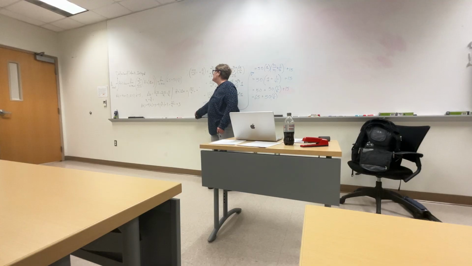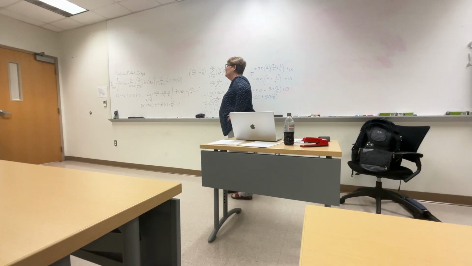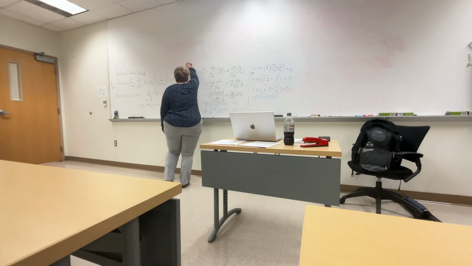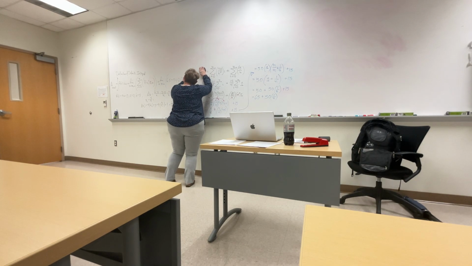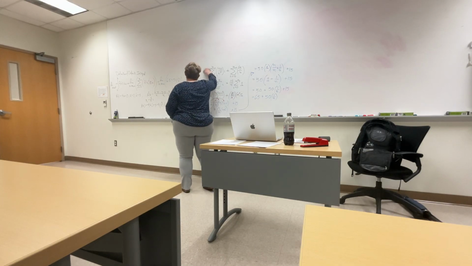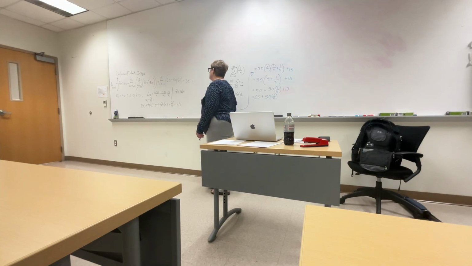What happens as n goes to infinity to the number 65? Does it have an n? No. Exactly right, it just stays 65. And what happens to 1 over n as n goes to infinity?